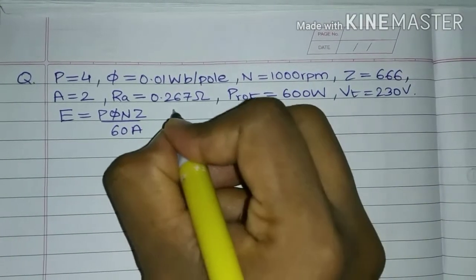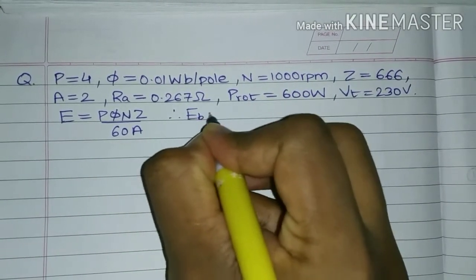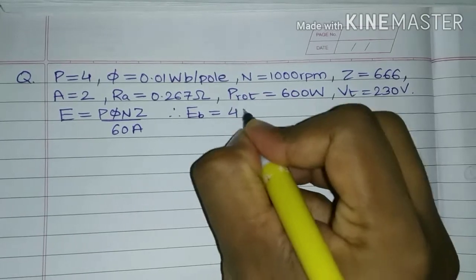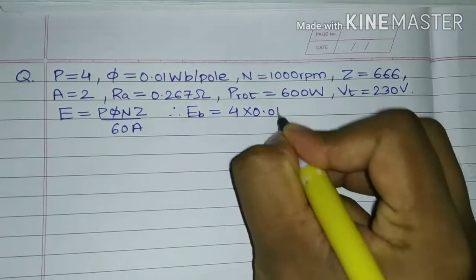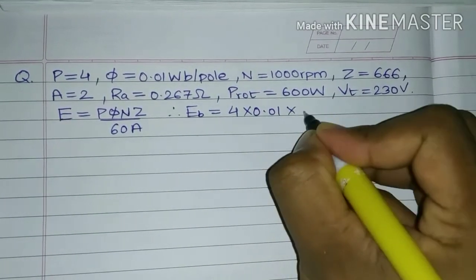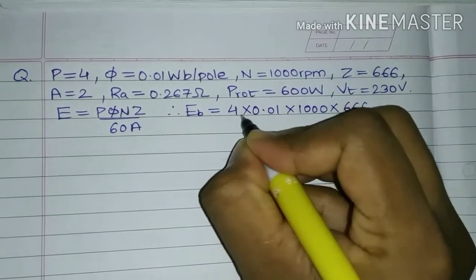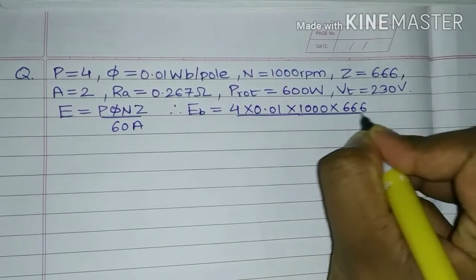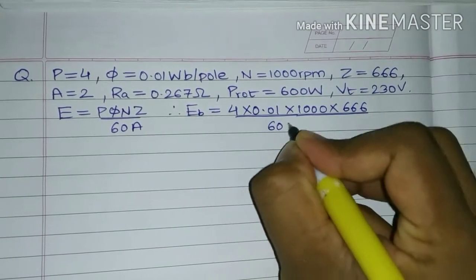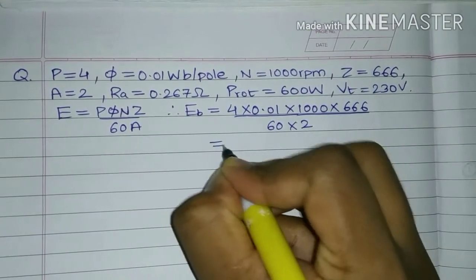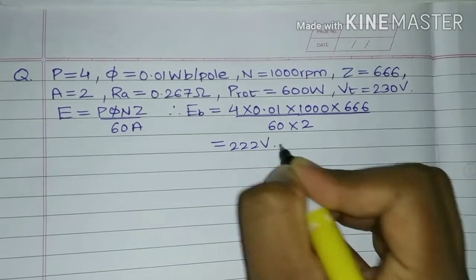Therefore EB will be equal to 4 into 0.01 into 1000 into 666 divided by 66 into 60 into 2, and the value of EB turns out to be 222 volts.